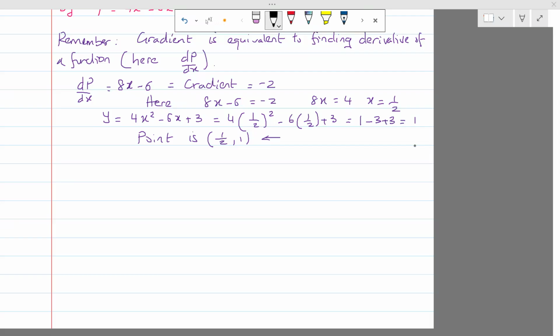Okay, now let us look at the differentiation of a product. And what will come out of this? It will be called the product rule for differentiation.